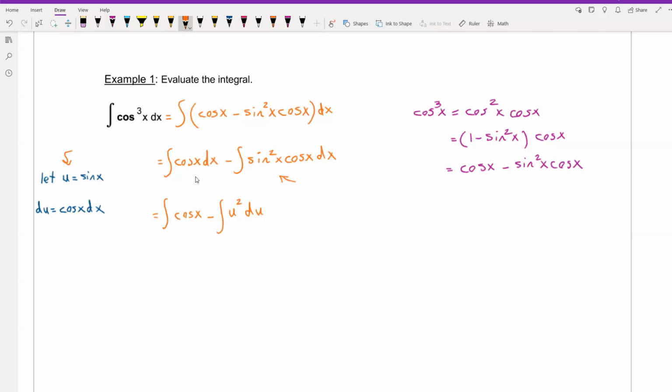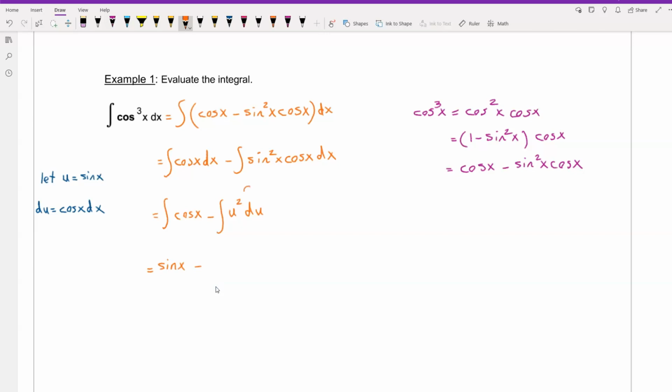So now instead of sine squared, we have u squared, and cosine x dx is du. That means the integral of cosine is sine, minus the integral of u squared.